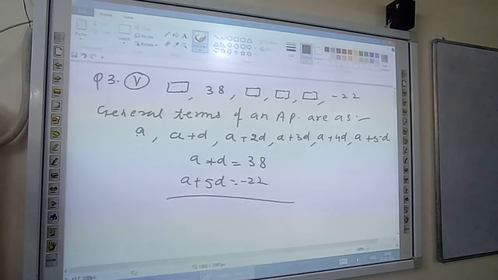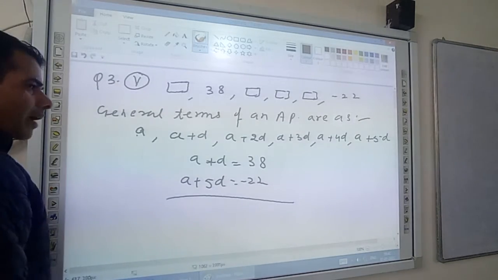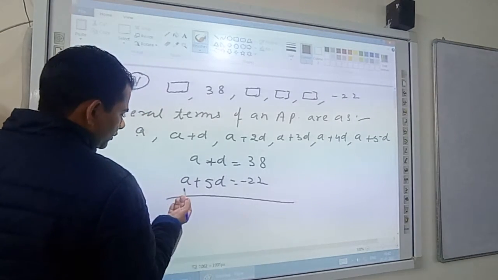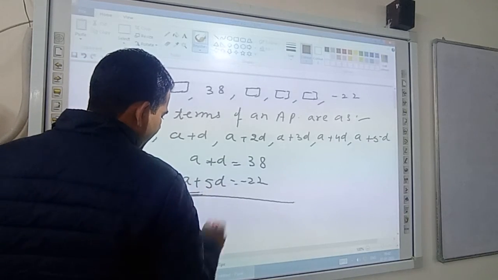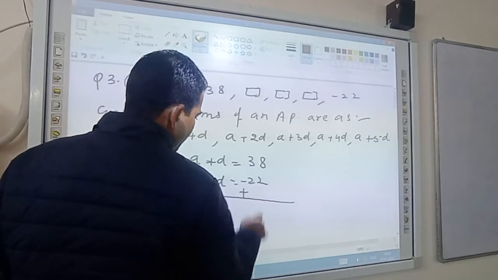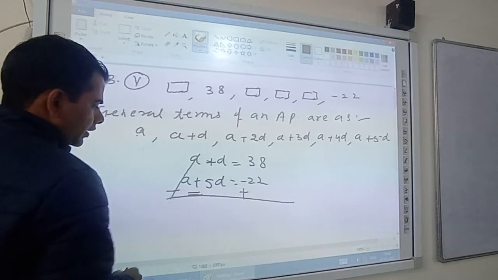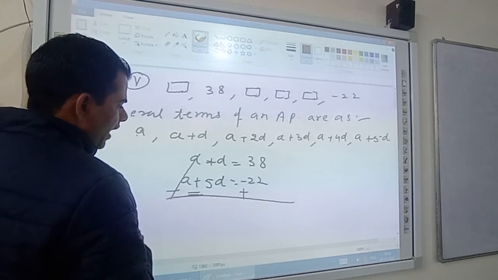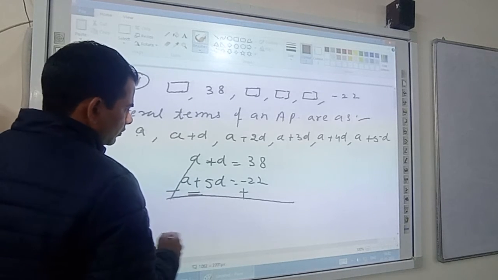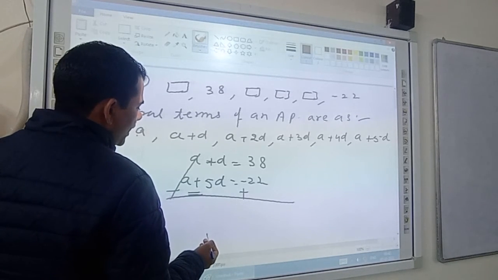Now solve the pair of linear equations and find out the values of A and D by the elimination method. Change the signs: plus sign changes into minus sign and minus sign changes into plus sign. A cancels out. It becomes plus D minus 5D.